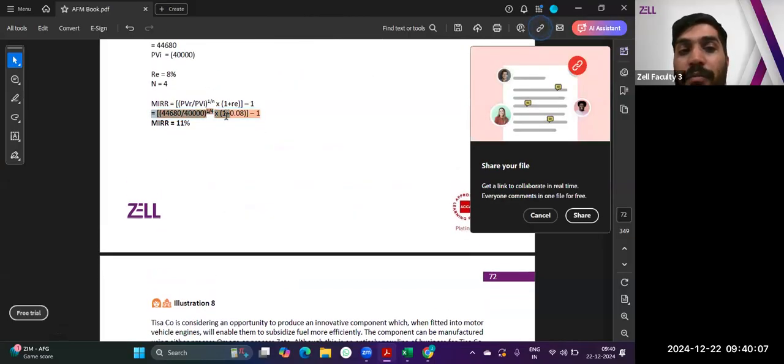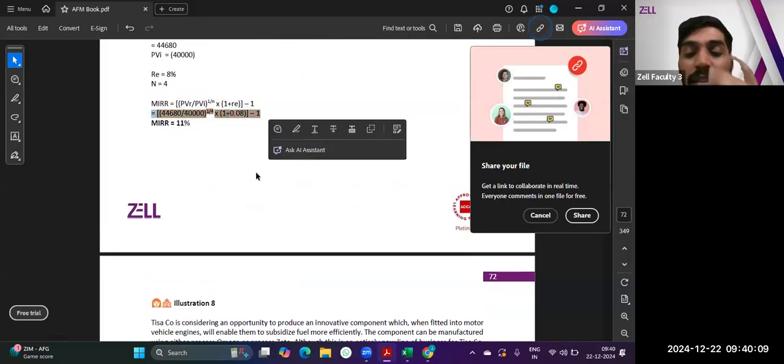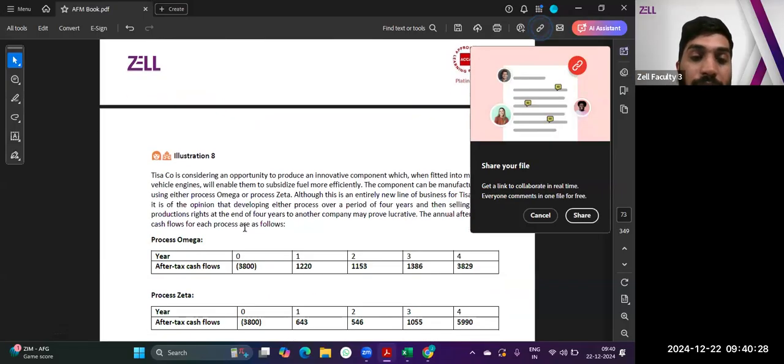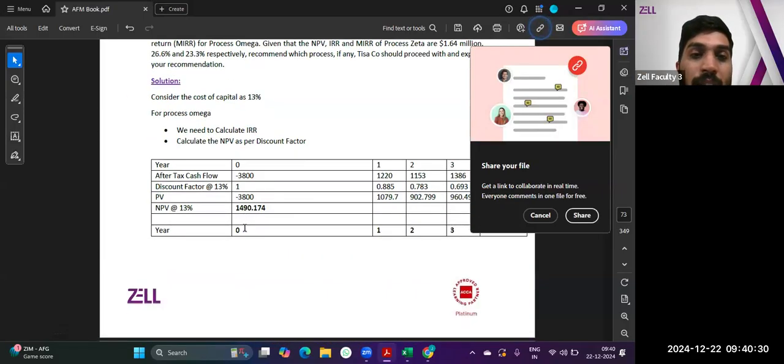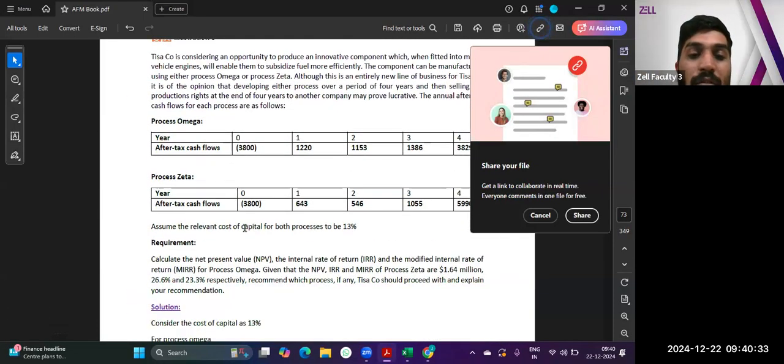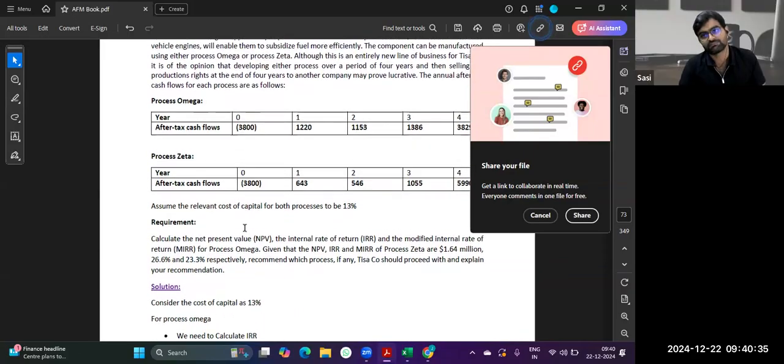This equal to till here is exactly what you need to do. Clear? You should be typing it in your Excel as well. You can automatically get your answer. Clear, everyone? Yes, sir.